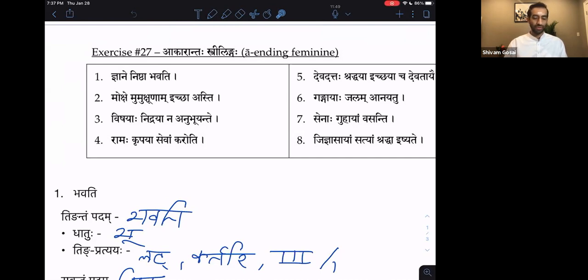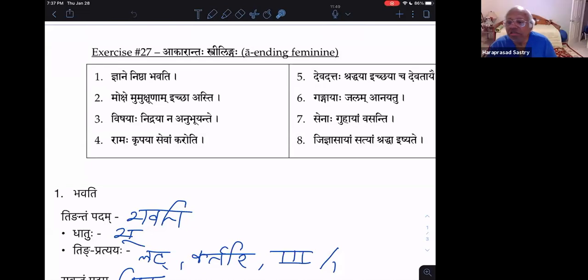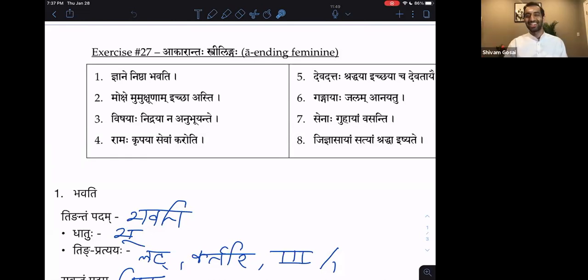Yep, Hariprasad ji, go ahead. You can unmute yourself. So kridatu. Mahodaya, you said lot lakara. Is it not lat? Oh, sorry. Lat lakara.